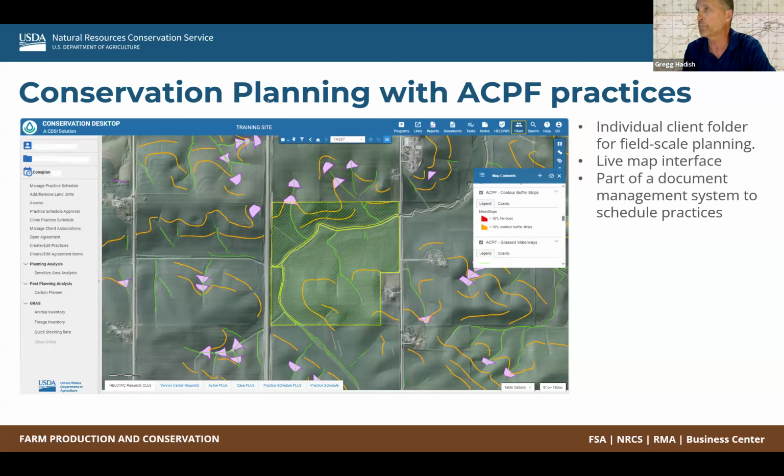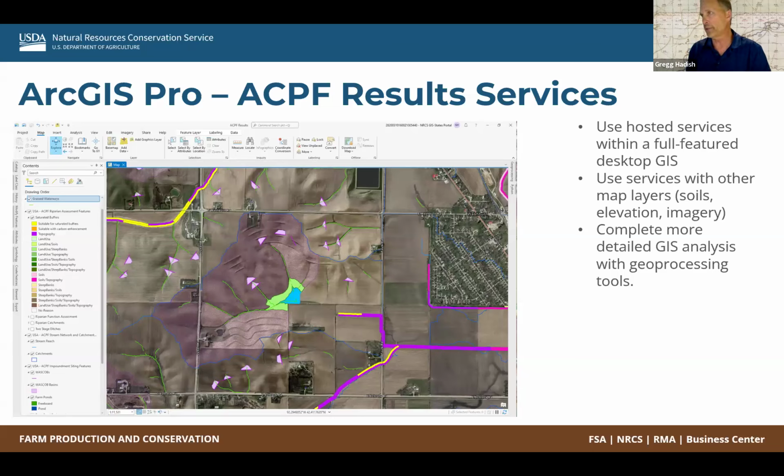So again, not only within Conservation Desktop, which is a web-based tool that we use within our offices, our staff also have access to full-fledged desktop GIS, and we use ArcGIS Pro for that. What this allows us to do is not only utilize the layers that are in Conservation Desktop, but any other GIS data set that we want to utilize in terms of looking at the ACPF data along with other map layers, things like soils, other imagery, other elevation data.